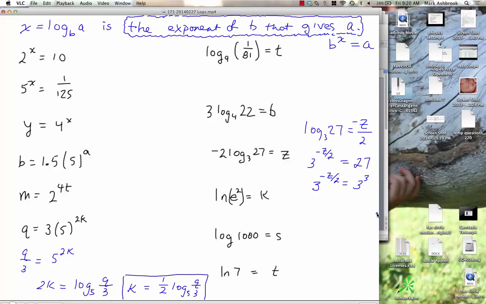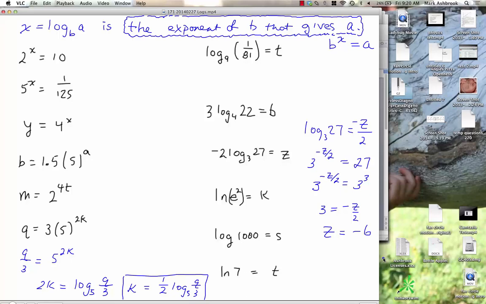Therefore, z is -6. This one is rigged so that once you see that exponential equation, 3 cubed is 27, so -z over 2 must be 3. And we can solve that.